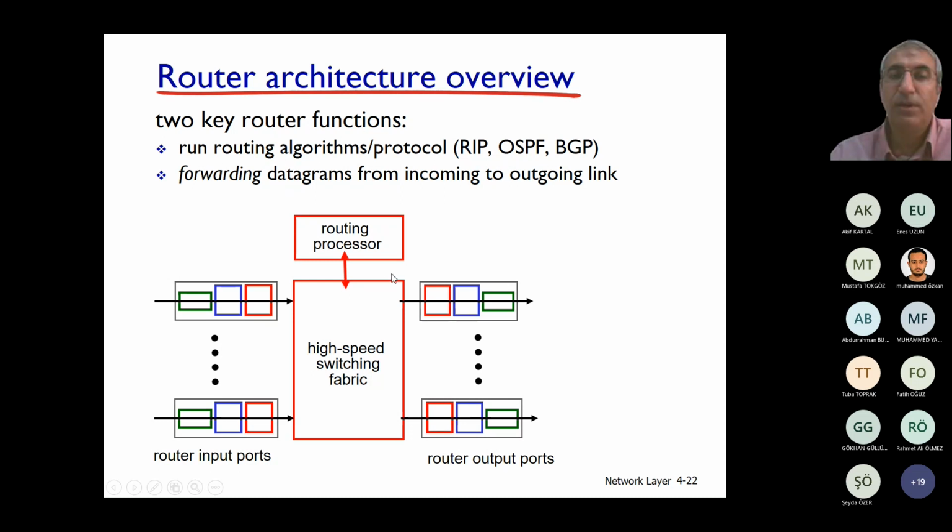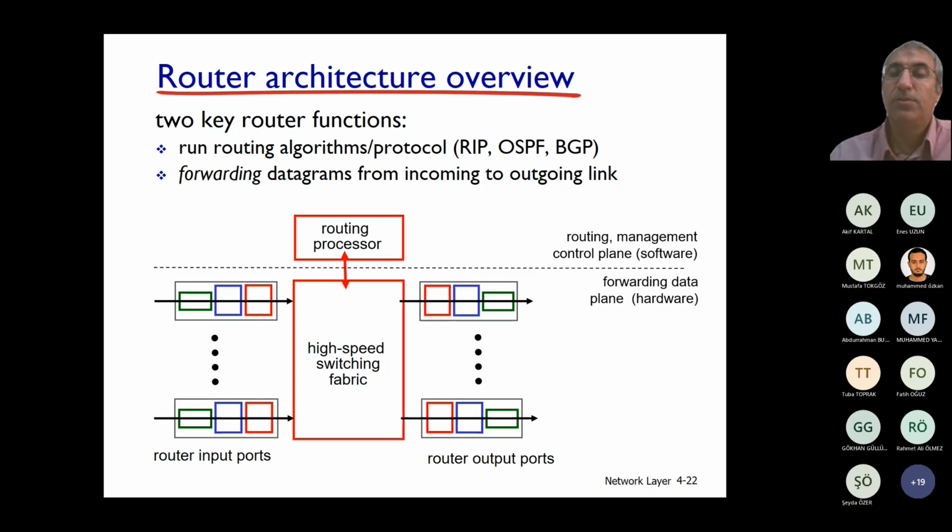The first one is that we run the routing algorithms as well as the protocols, including RIP, routing information protocol, OSPF, open shortest path first, and BGP, border gateway protocol. And the second key function at the router is forwarding. It forwards the datagrams from the incoming to the outgoing link.